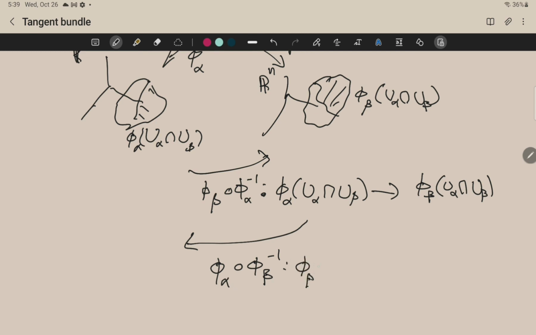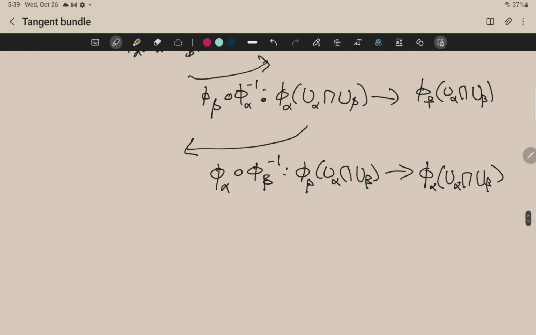It maps from phi beta of the intersection of U alpha and U beta into phi alpha of the intersection of U alpha and U beta. These are called the transition maps, or coordinate transformations, between different systems.